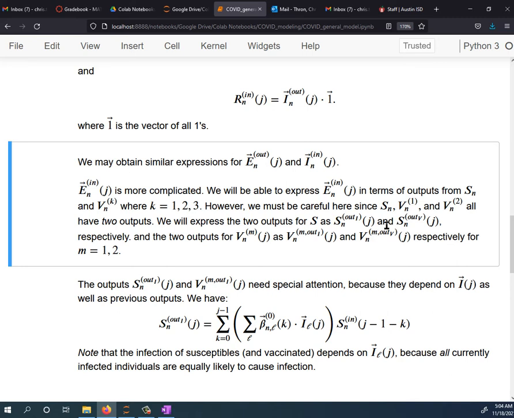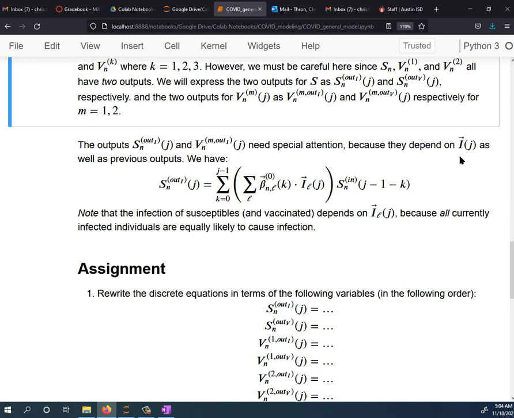Now, the out V equations are very similar to what we have up here, so I'm not going to talk about those. The out I's are a little bit more difficult. They need special attention because they depend on Ij as well as previous outputs. So you might wonder why Ij.